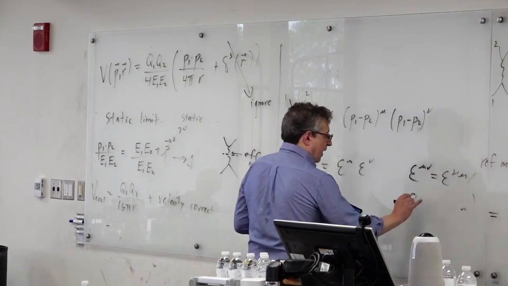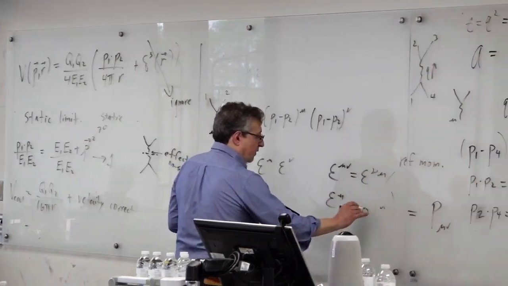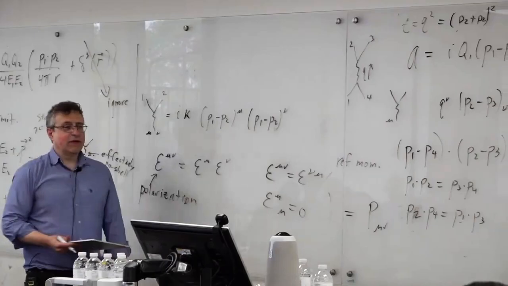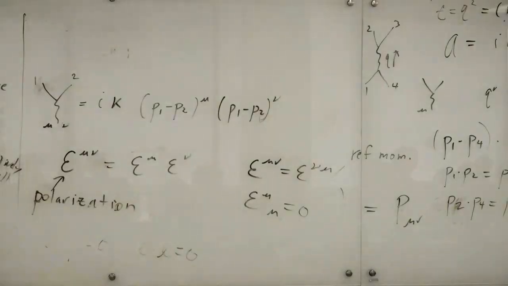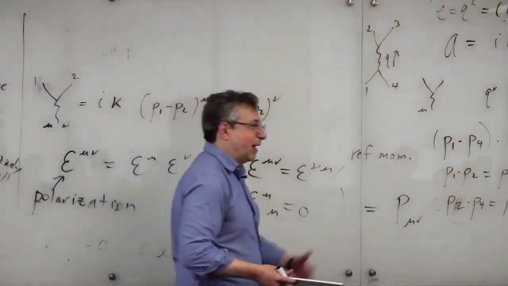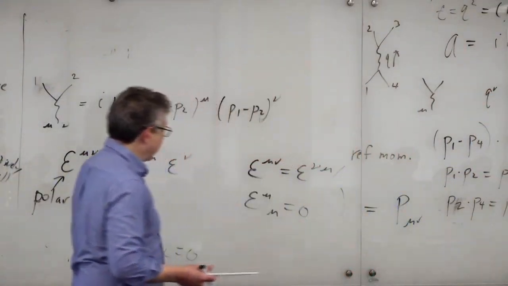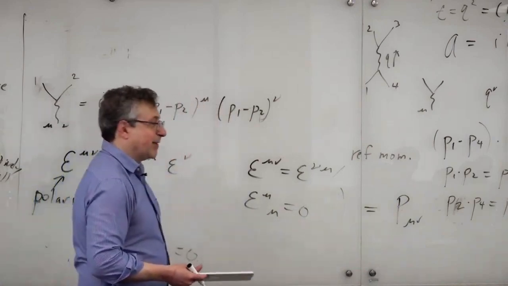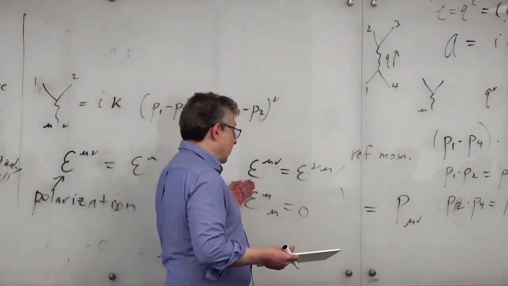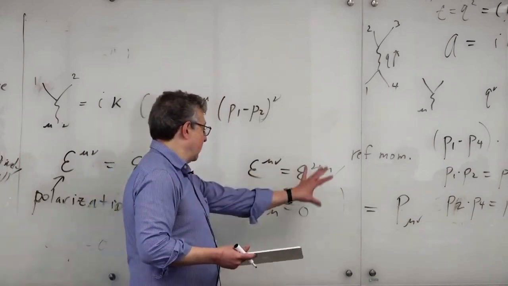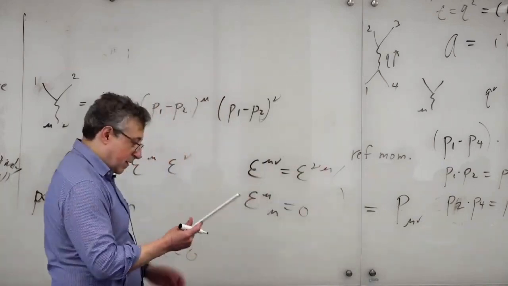I have to impose epsilon mu mu equals 0. Remember, gravitons are traceless. What is that trace? The trace is actually a physical particle, but not in our universe. There's a universe elsewhere that has a dilaton that changes like a fifth force, and that would be the trace. But our universe doesn't have that, so we have to impose that.